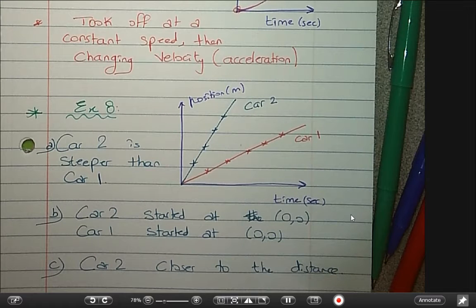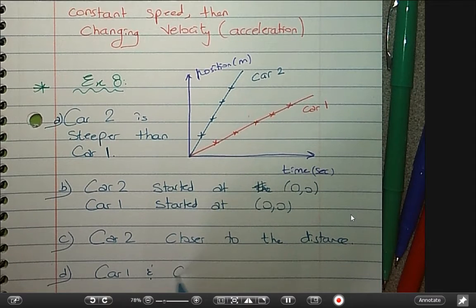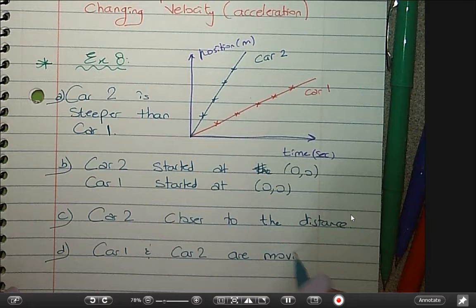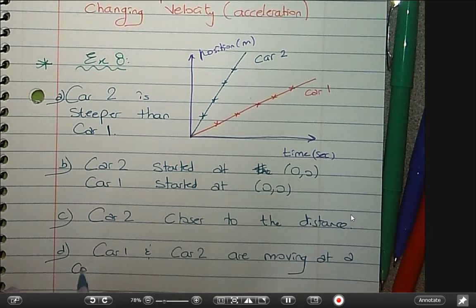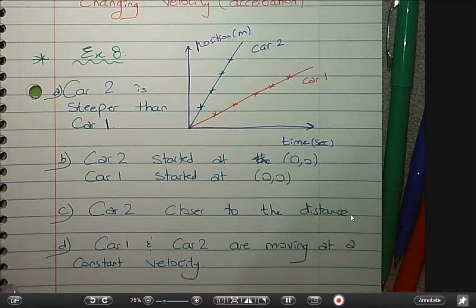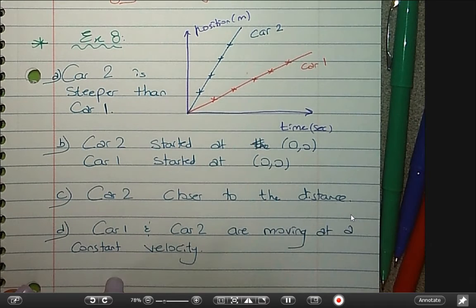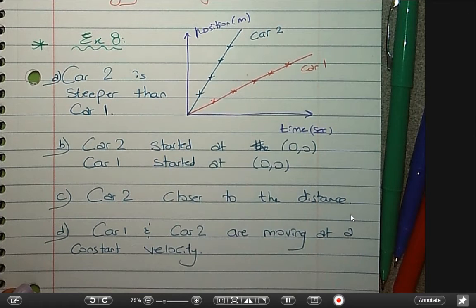What does that tell me? Now the thing is that car 1 and car 2 are moving at a constant speed, at a constant velocity. Okay, that tells me that car 2 is faster.